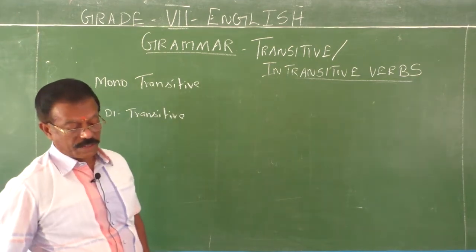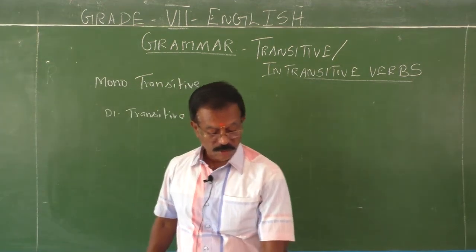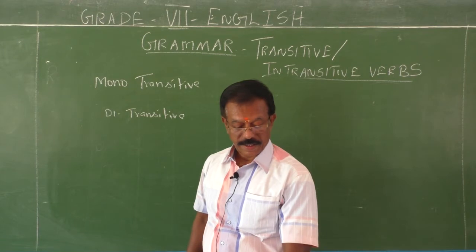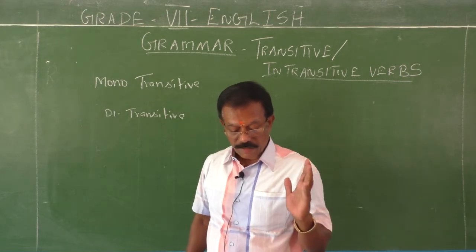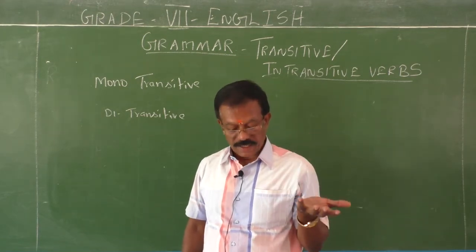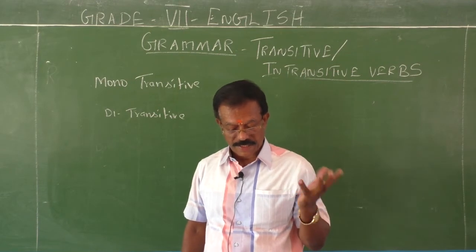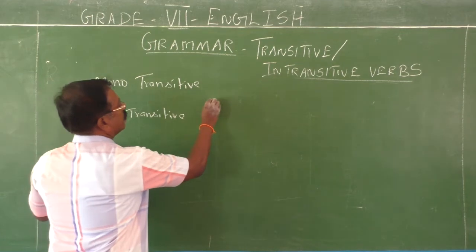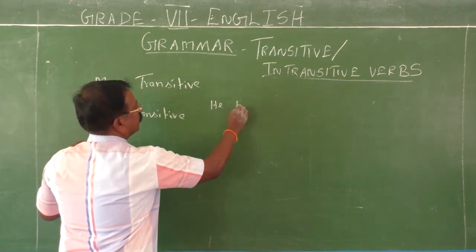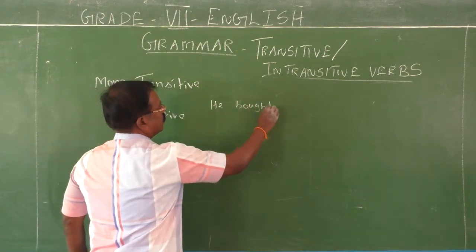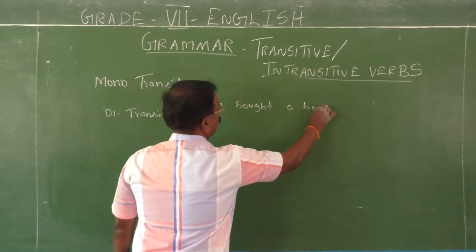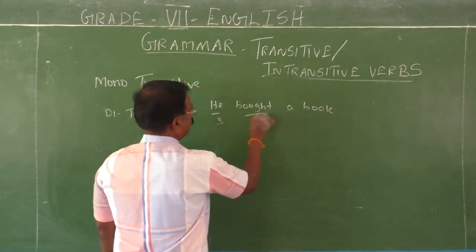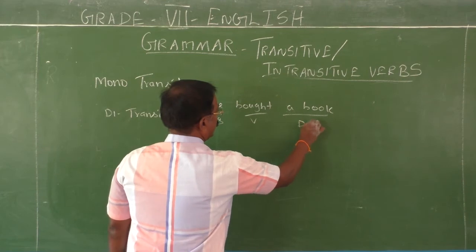So transitive verbs are of two types, mono and di. See, a direct object is a noun or a noun phrase or pronoun that identifies what or who receives the action. Suppose in the example, he bought a book. Here he is the subject, bought is the verb, a book is the object.